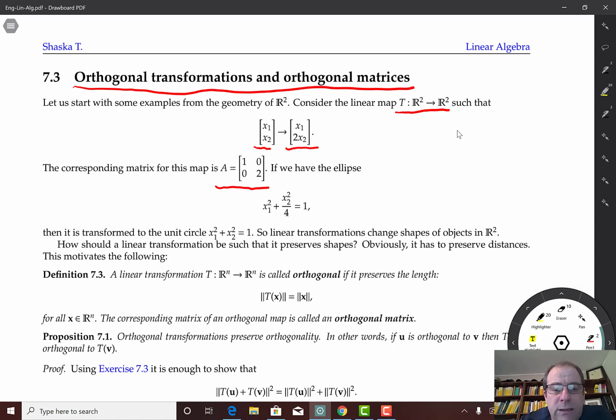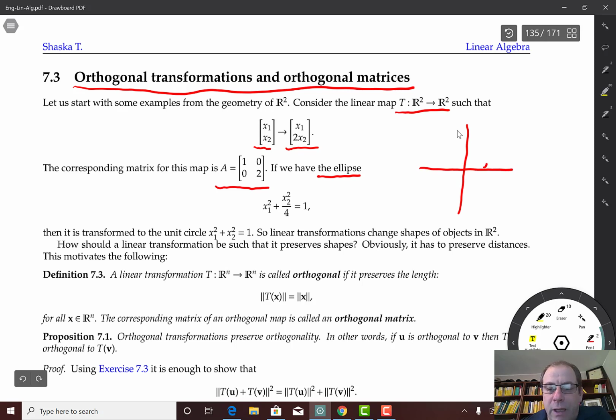And so let's see what happens now to this elliptic shape. So we have an ellipse in the first R squared, right? An easy way to draw this ellipse is that it intersects the x-axis in the plus minus 1 points and the y-axis, or x2 axis, in the plus minus 2 points, right?